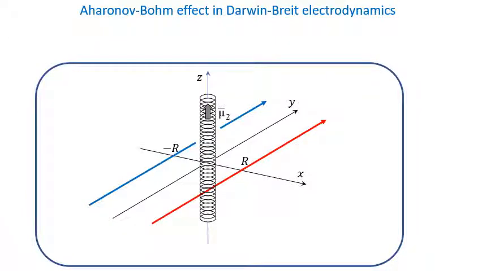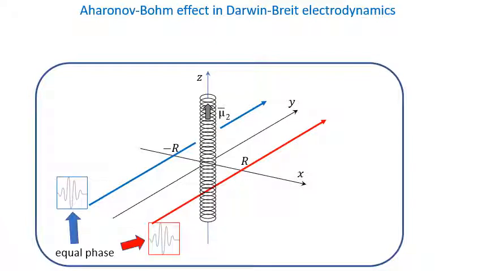Recall that we are looking at charges that can move near the solenoid along two straight trajectories. The charges are represented by wave packets, and we will assume that both left and right charges start their motion as wave packets of the same form.